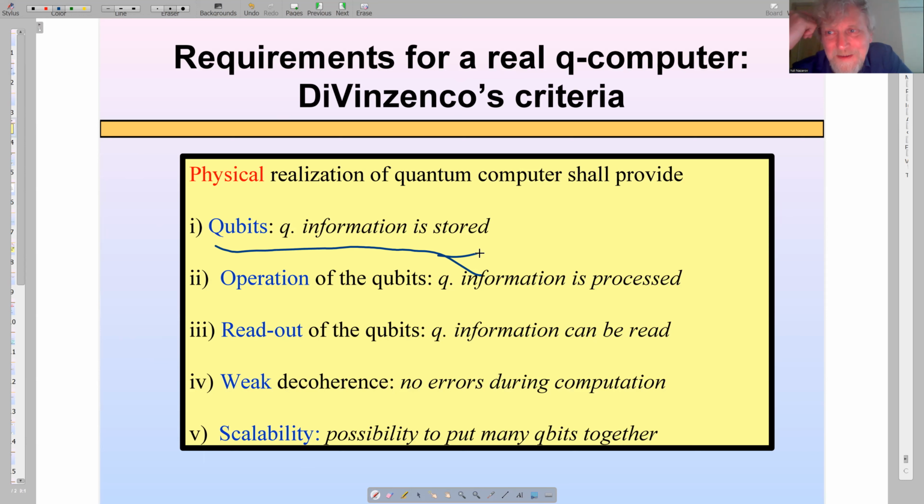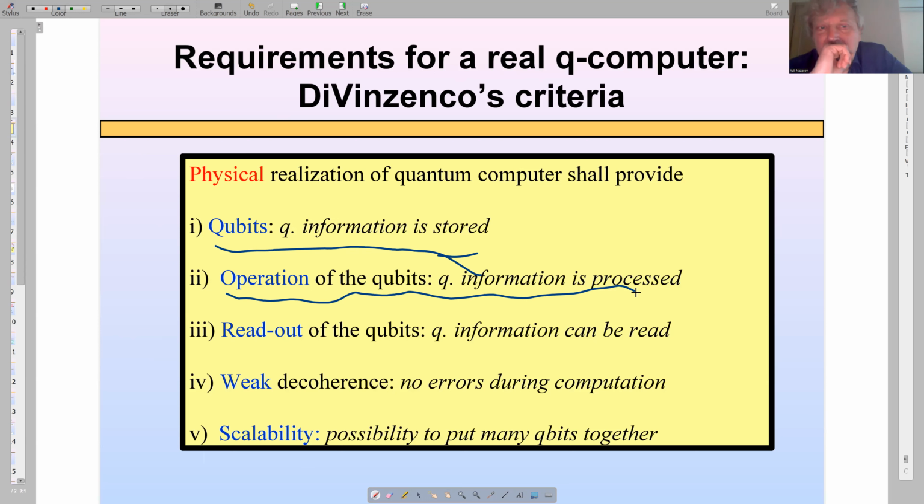Second, we need to operate the qubits. We want to change the wave function in the way we'd like to. We have to do it with single qubits and also with several qubits. They say that in principle, operations on two arbitrary qubits in a quantum computer would do.